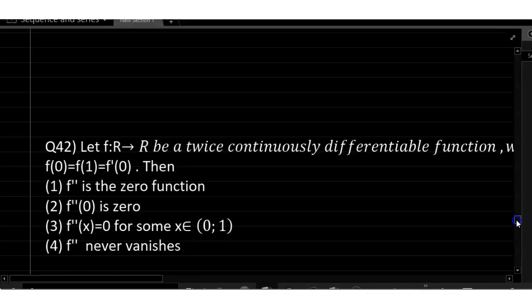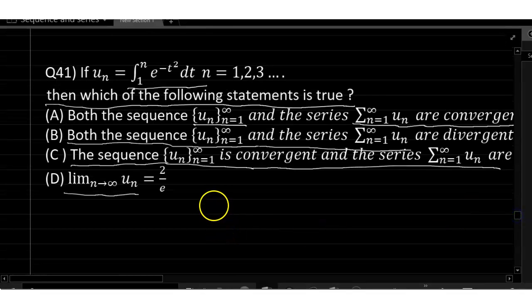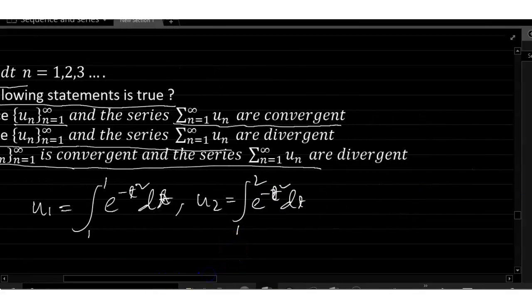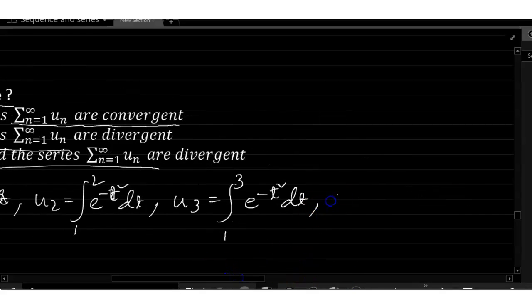So we will check that u1 equals the integral from 1 to 1 of e to the power minus t square dt, u2 equals the integral from 1 to 2 of e to the power minus t square dt, u3 equals the integral from 1 to 3 of e to the power minus t square dt, and u4 equals the integral from 1 to 4 of e to the power minus t square dt.